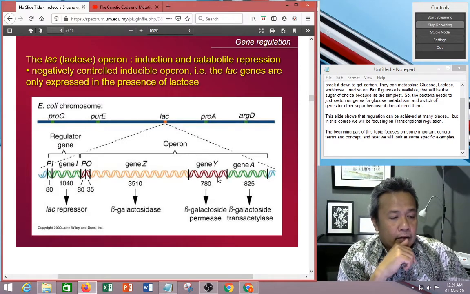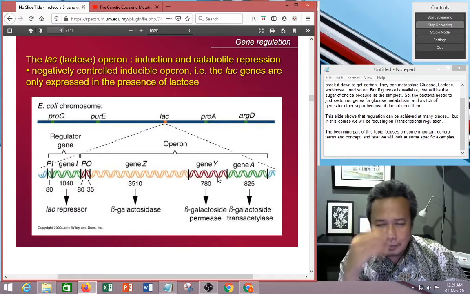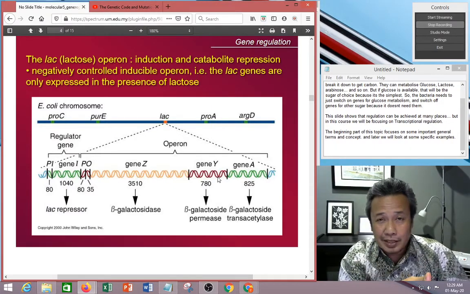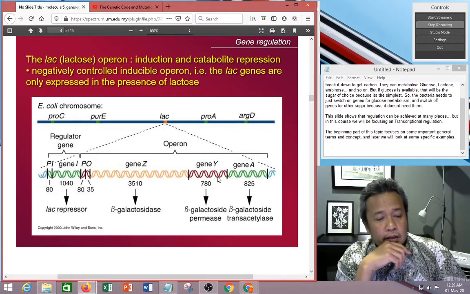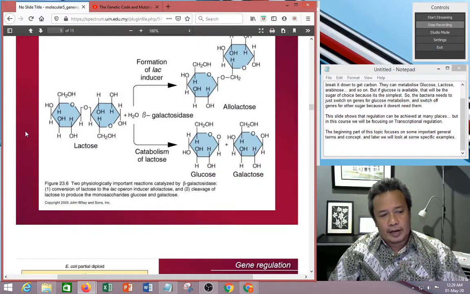All right. Now, what do these genes do? You can read up, but basically, beta-galactosidase is the enzyme involved in metabolizing lactose and breaking it down into smaller molecules. I think this is just information on the next slide. Here you go. You have your lactose.